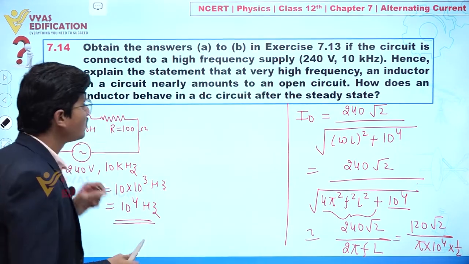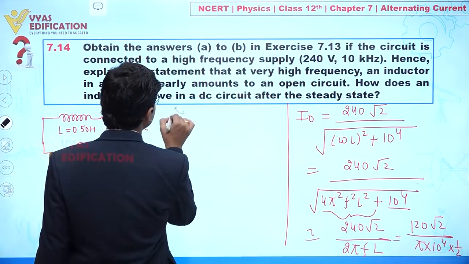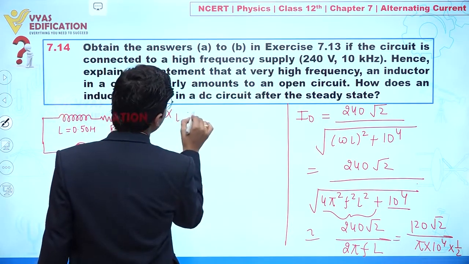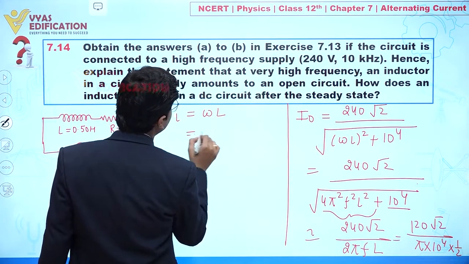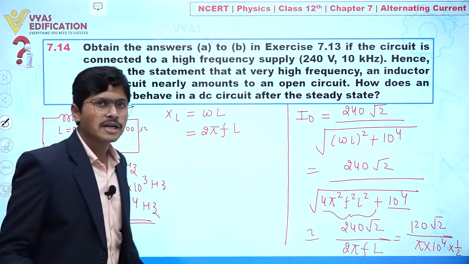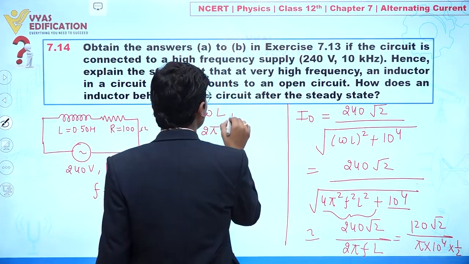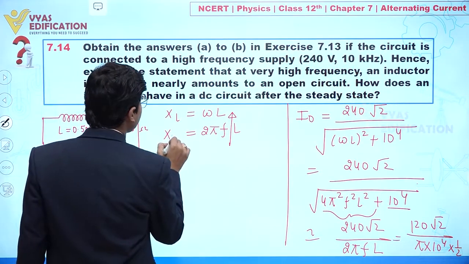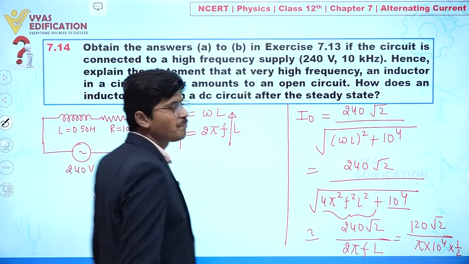So you can also understand it like this. Let's suppose this is equal to XL. XL is given by omega L, I can say 2 pi F L. Now in this question, it is given that we are using a very high frequency source. So when F is very large, the value of XL is very large.